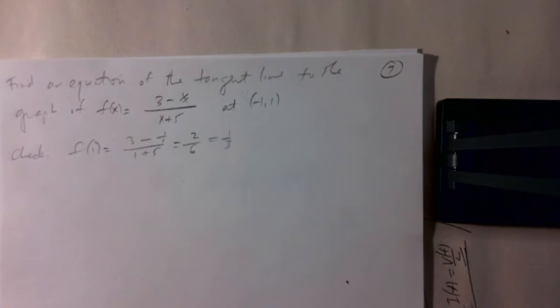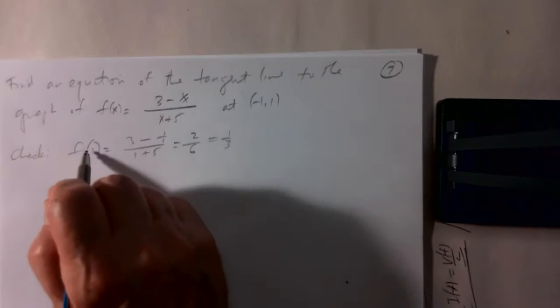So something is wrong. So the book is wrong here, because when you plug x equal 1 into this, you get 1/3.